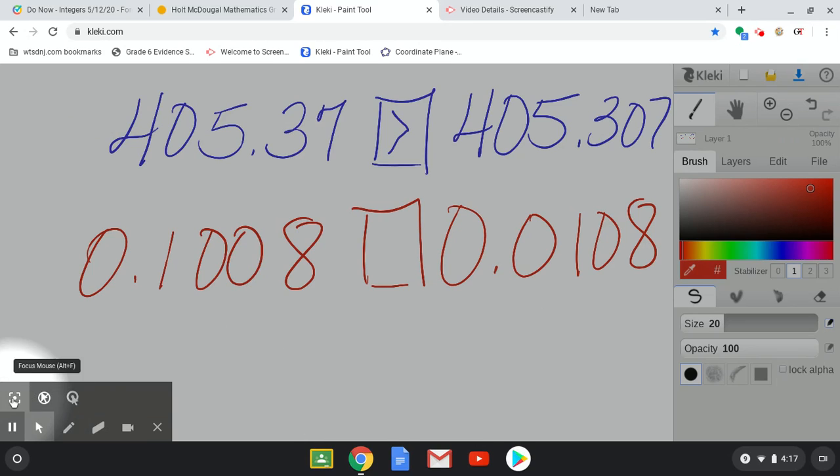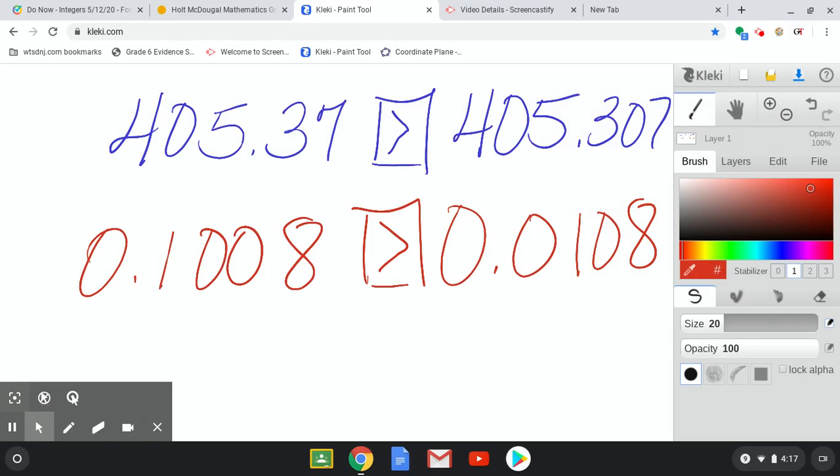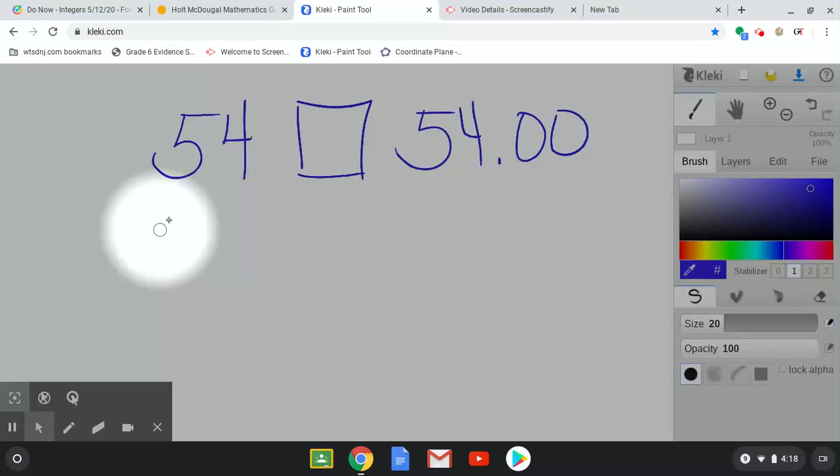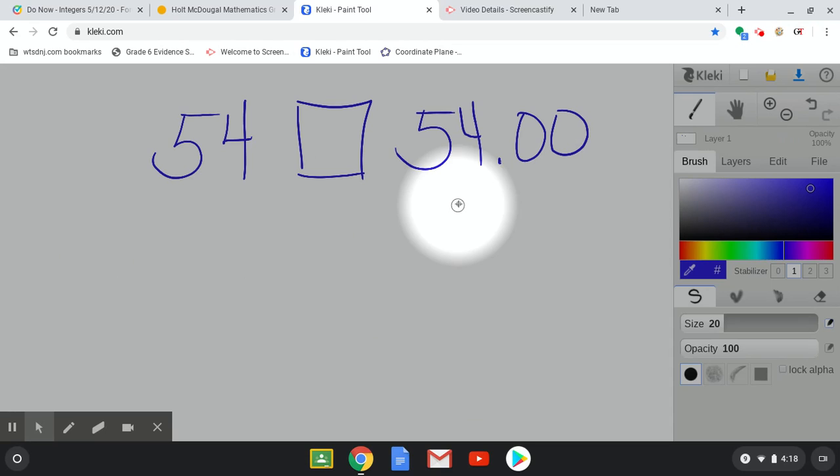So it just so happens that these two happen to be equal. Now let's say I added a number here at the end. Now I have 54 and 54.007. Now, because this is not a 0, it's a number greater than 0, this actually now matters. So now 54 is going to be less than 54.007.